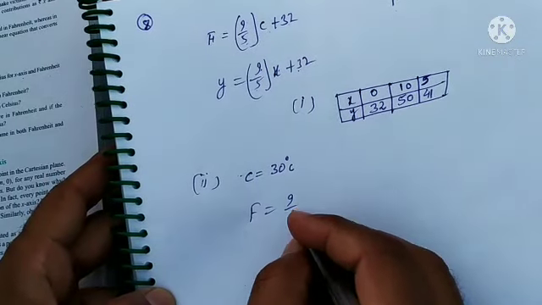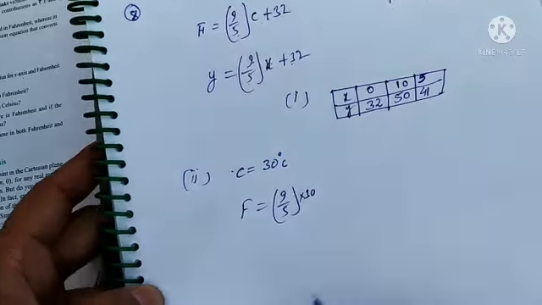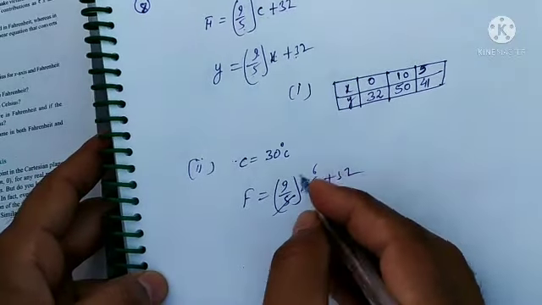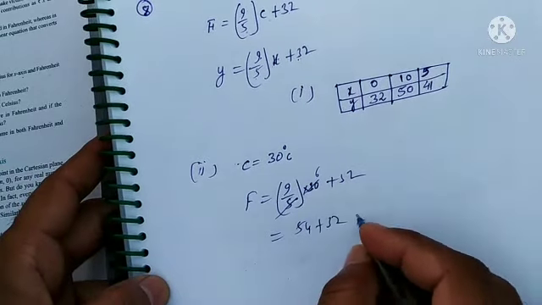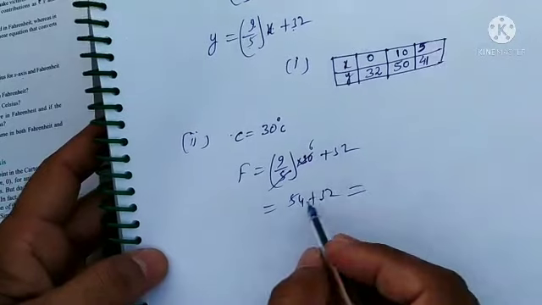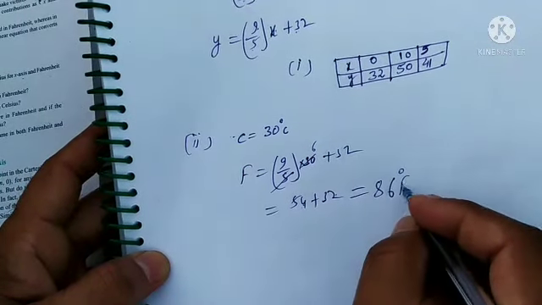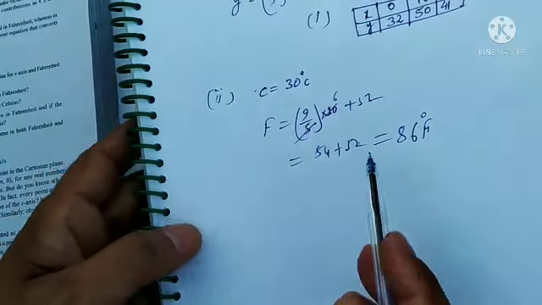F = 9/5, in the place of C write 30, plus 32. 5 sixes are 30, 6 nines are 54, plus 32. Add the values: 4 plus 2 is 6, so 86 degrees Fahrenheit.